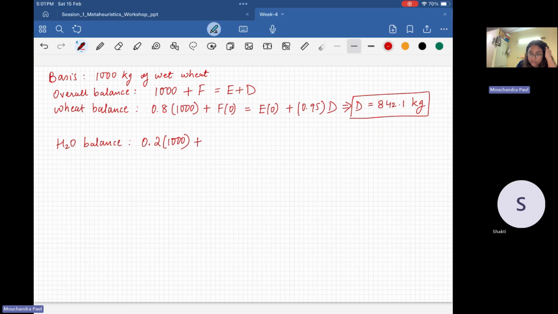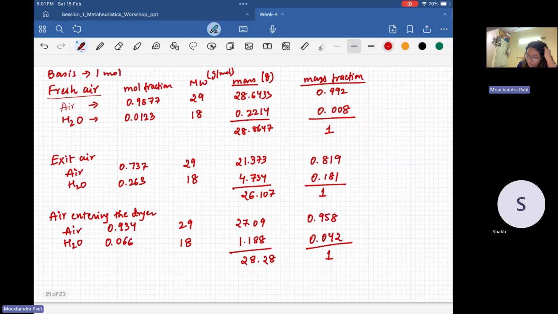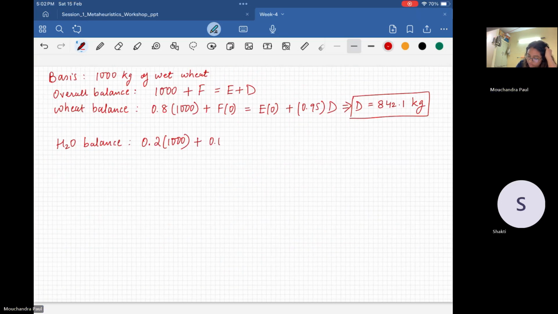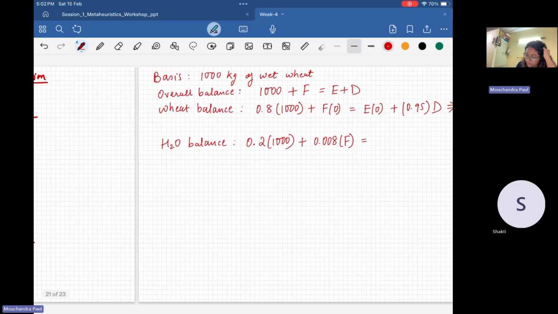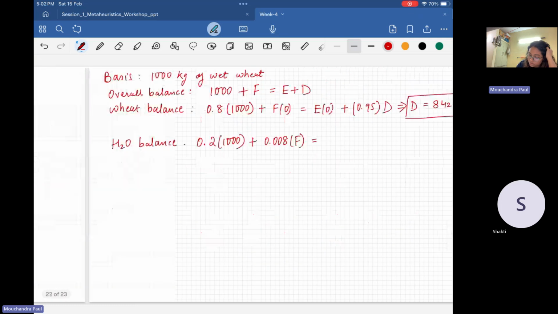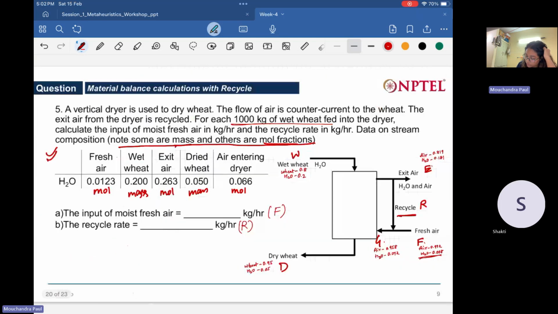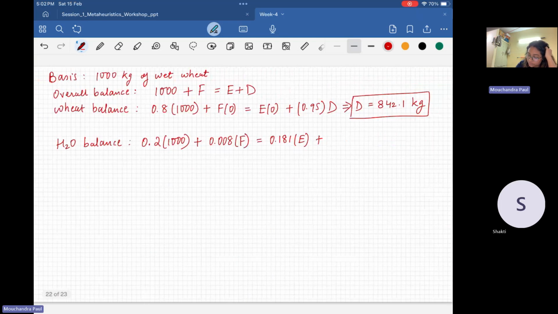In fresh air, how much is the mass fraction that is going in as water? 0.008 of F. Then E, exit air, has 0.181 mass fraction of water, and in dried wheat there is 0.05.